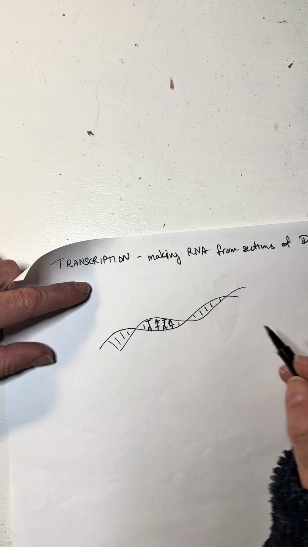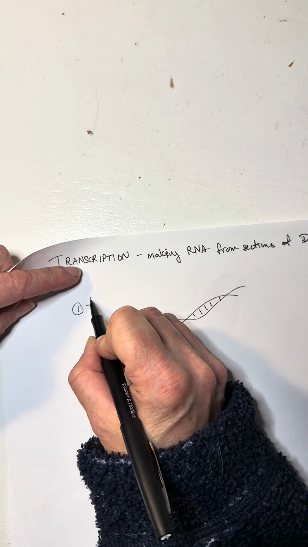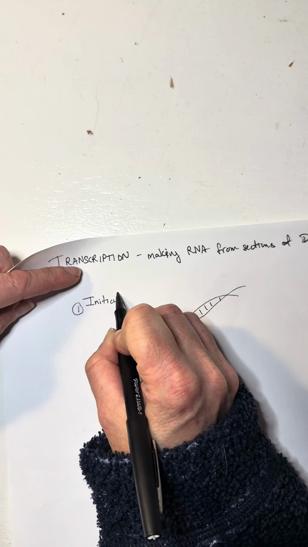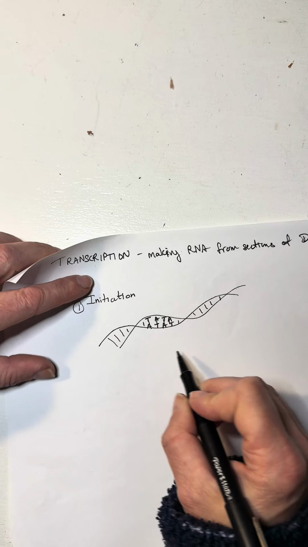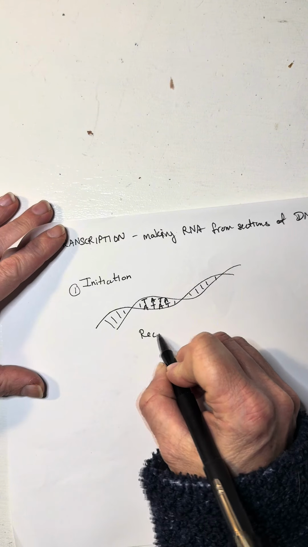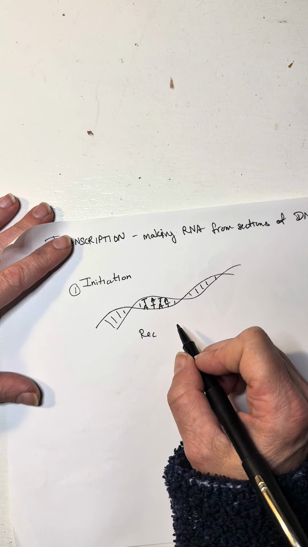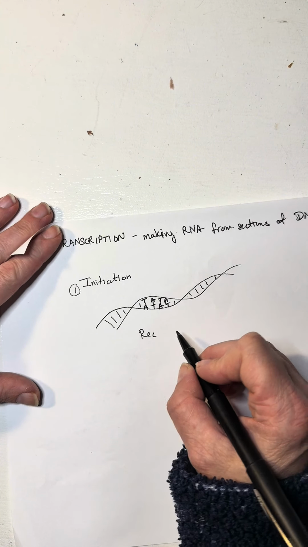of enzymes. So our first step in transcription is going to be what we call initiation. And this is going to be the recognition of a promoter sequence by a series of transcription factors that includes RNA polymerase.